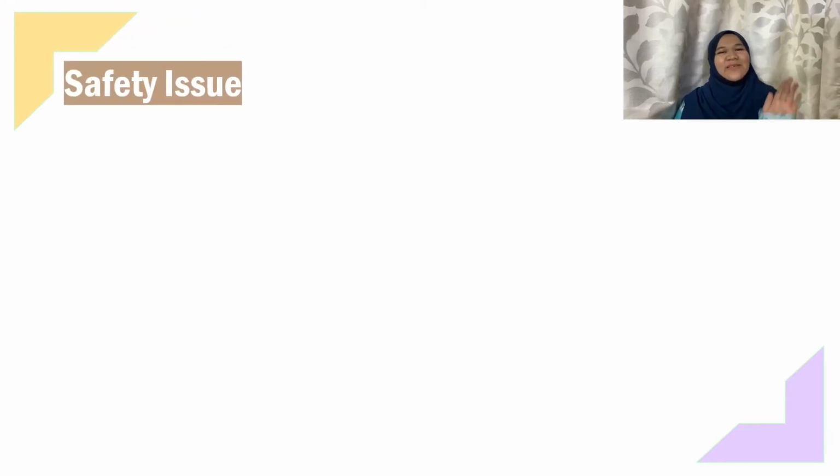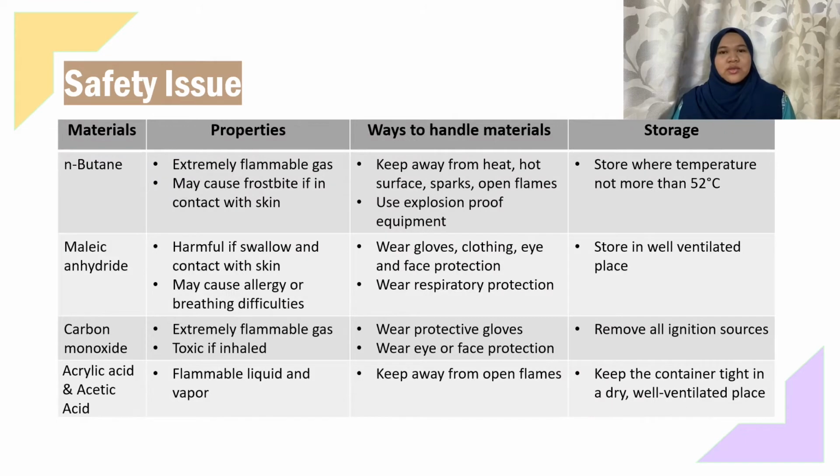Assalamualaikum and hi. For my part, I will start with safety issues. These are the materials involved: n-butane, MA, carbon monoxide, acrylic acid and acetic acid. For n-butane, acrylic acid and acetic acid, we need to keep them away from any open flames or hot surfaces. And for MA and carbon monoxide, we need to wear proper PPE when handling them.